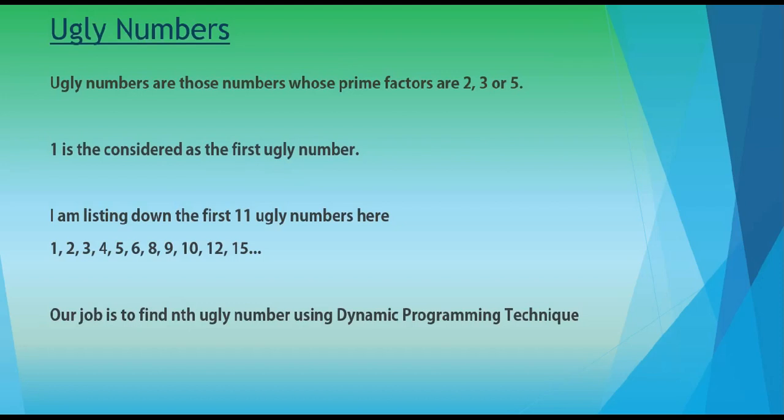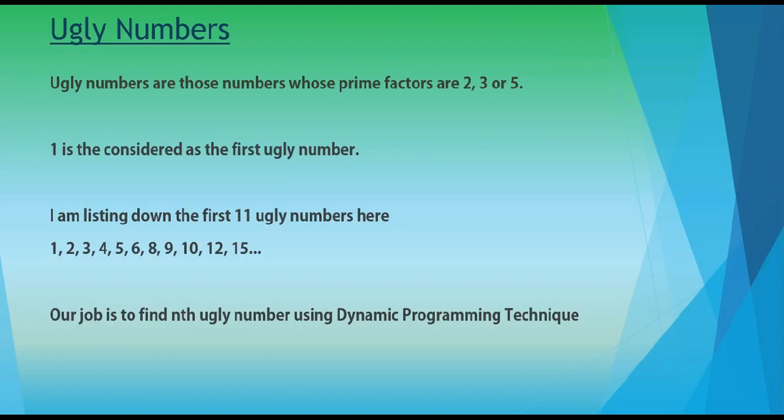There has to be an algorithm which in the most optimized or efficient way finds the 150th ugly number for us. So this is what we are going to solve using this ugly numbers problem, and this algorithm we are going to create using dynamic programming.